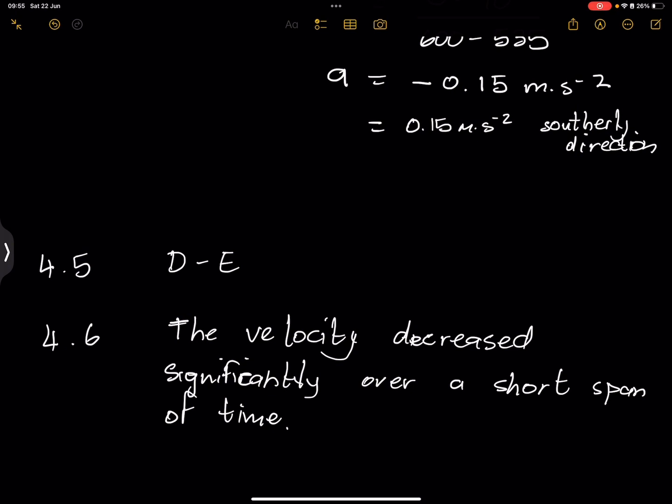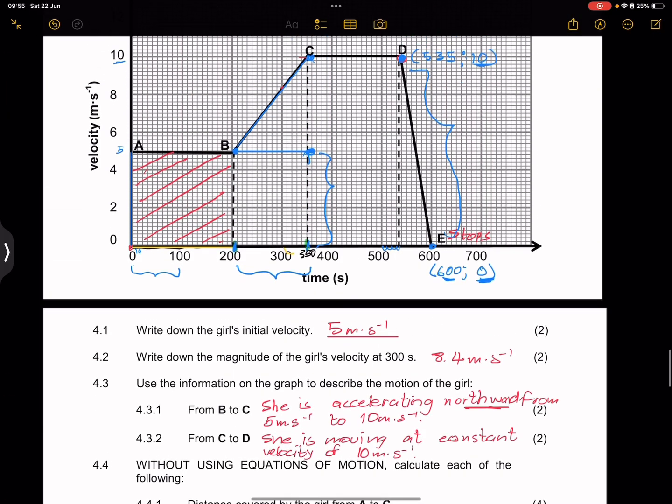Or you can also mention the fact that we decreased from 10 meters per second to 0 over a shorter time than in B to C.